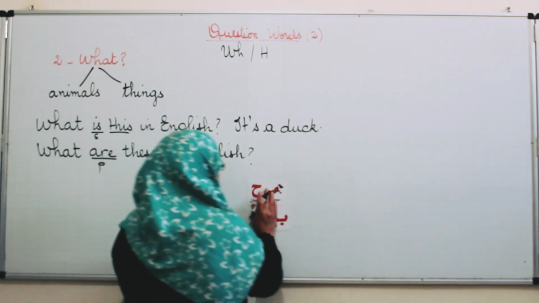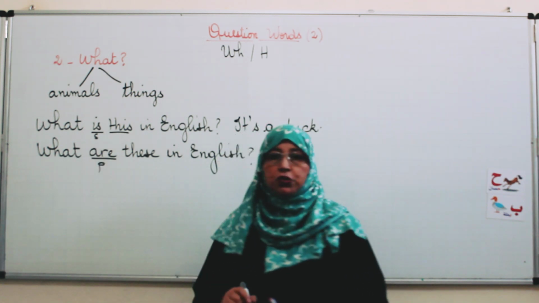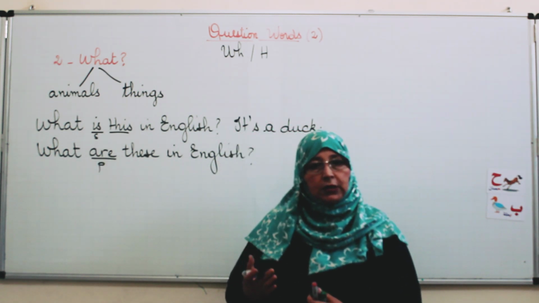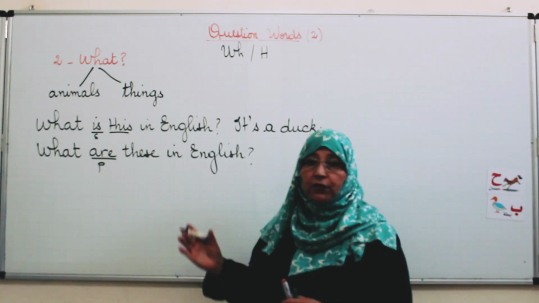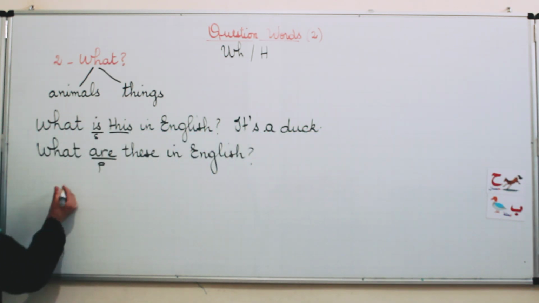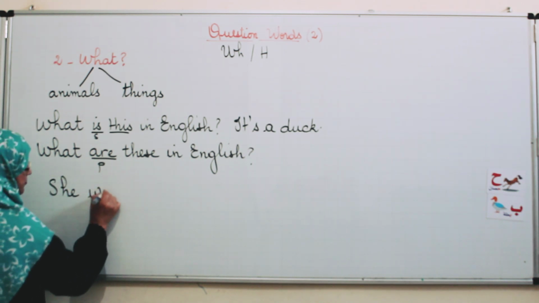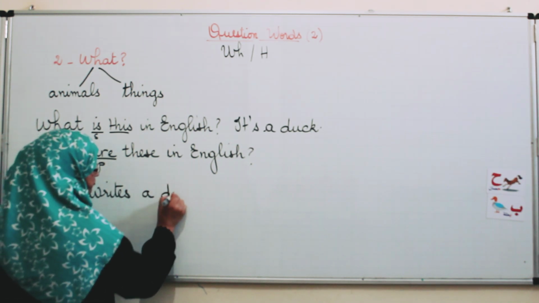Okay, so we can say what with the verb to be. We also ask questions with what, with other verbs. Let's have an example. For example, she writes a diary.